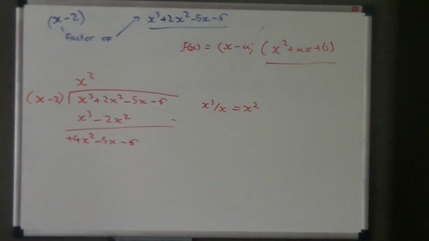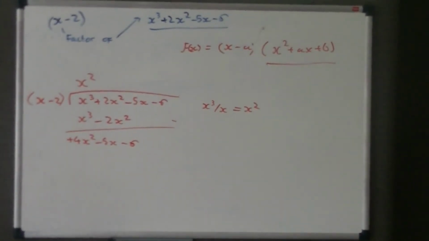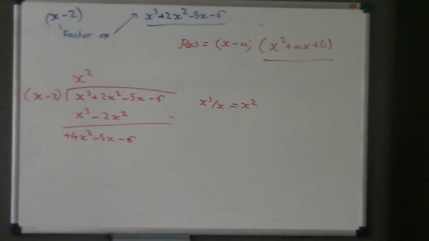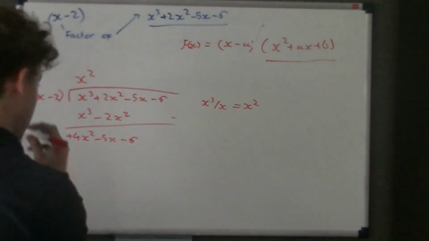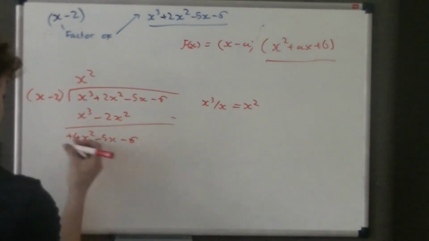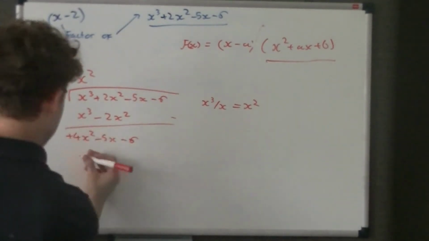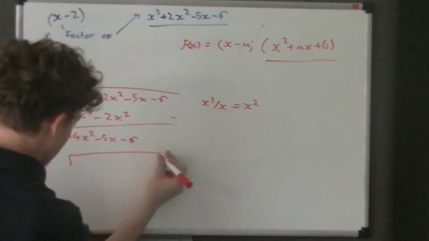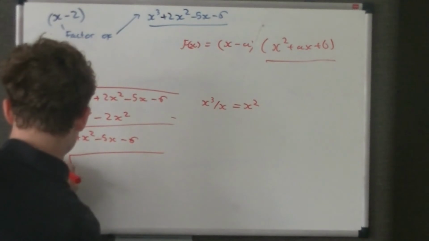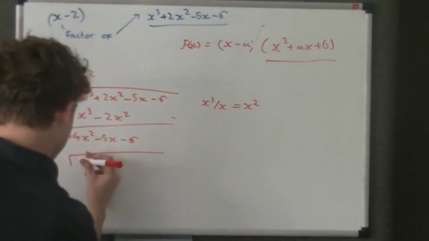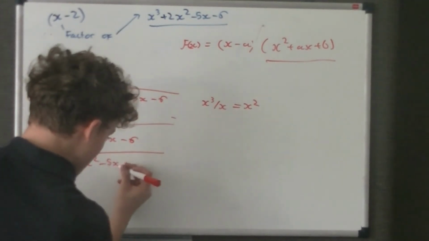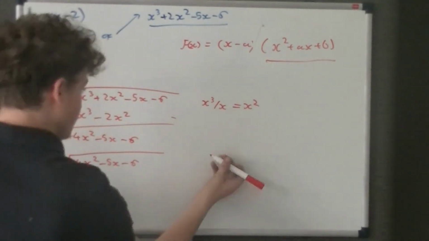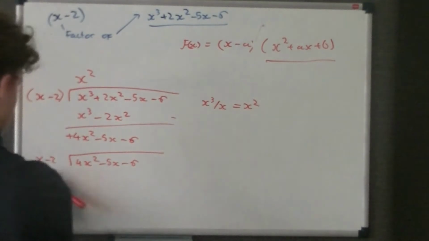What we want is the quotient bit at the top. We've already started to create half of it there, so we do exactly the same thing again, like we're starting the equation again. So x take 2, divide into 4x squared, take 5x, take 6, and we divide 4x squared over x.